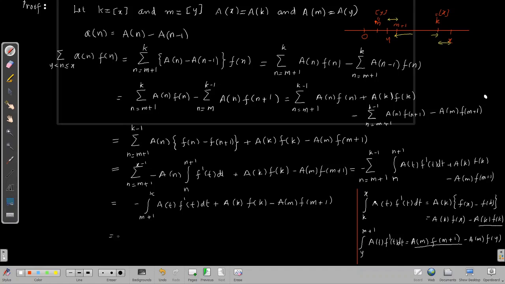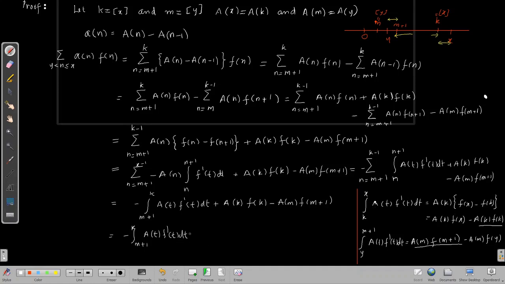So this becomes minus the integral from m plus 1 to k of a of t f dash t dt. How do we replace this a of k f of k? A of k f of k is this minus this one.